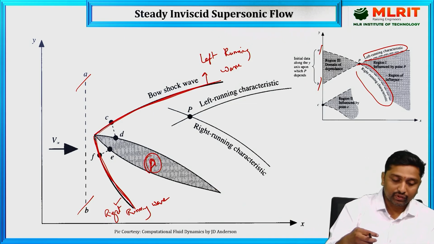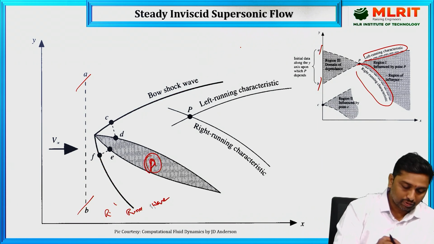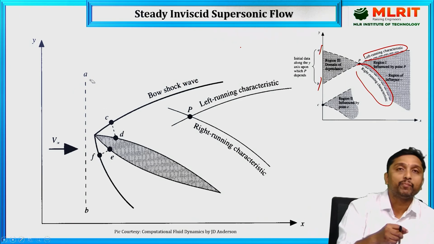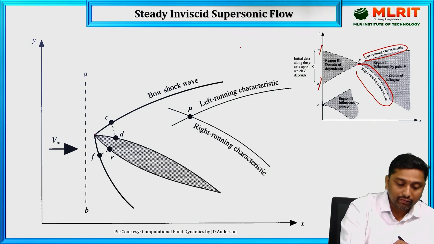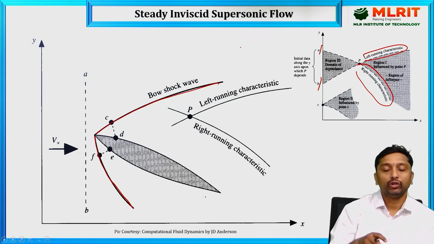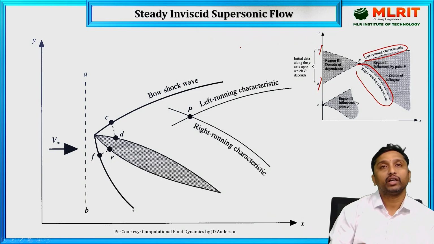The properties generated by this point P, that is the airfoil, are limited within the zones bounded by two characteristic curves, which are left running and right running.